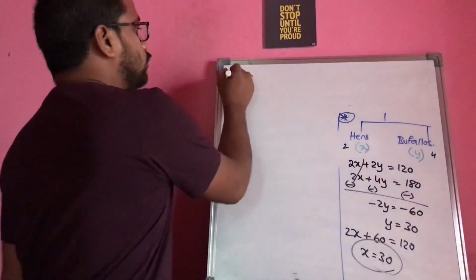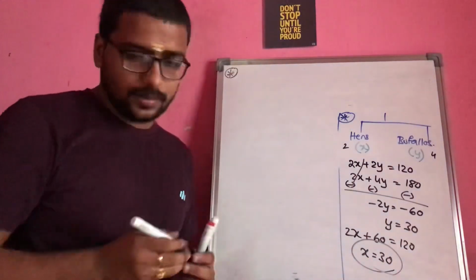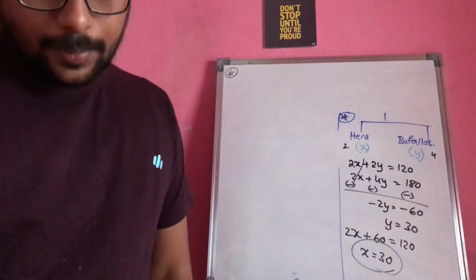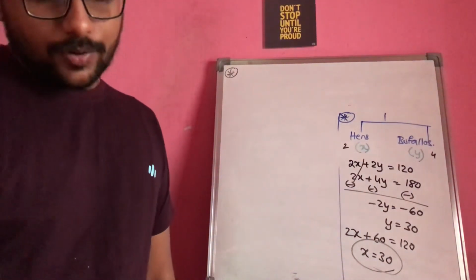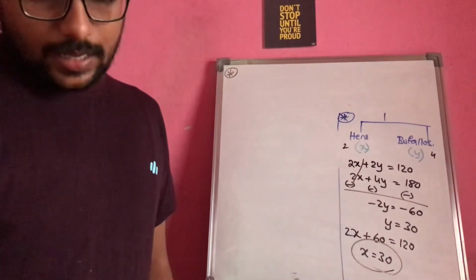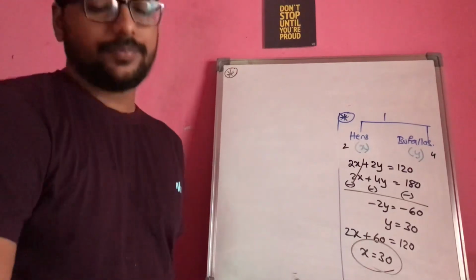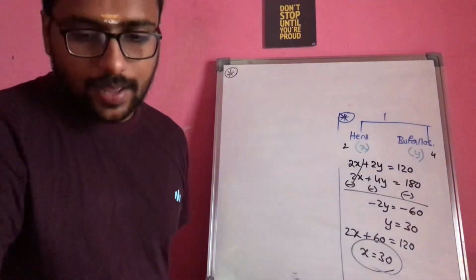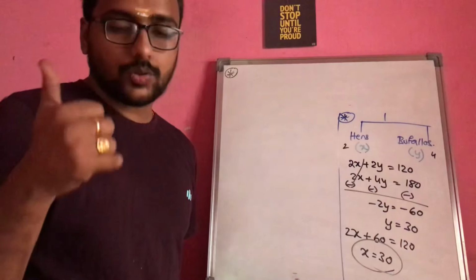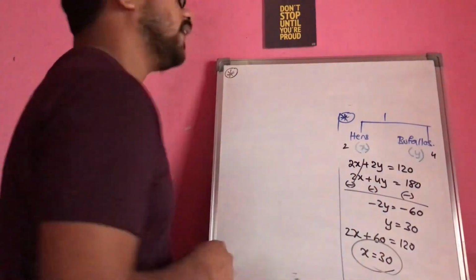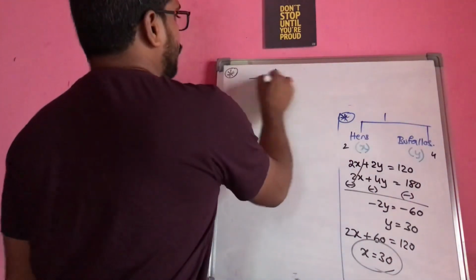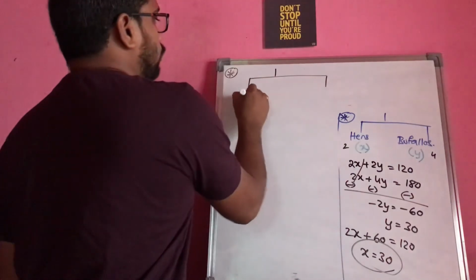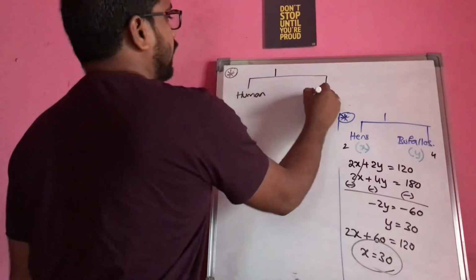Now let us see one more question. In a deer park, the number of heads and number of legs of deer and human visitors were counted. So here you are having two things, one is humans and deer. So here again we are having two cases, one is human, one more is for deer.